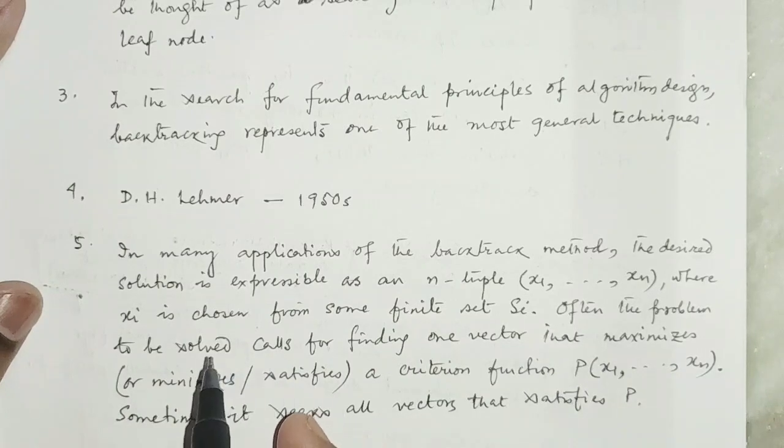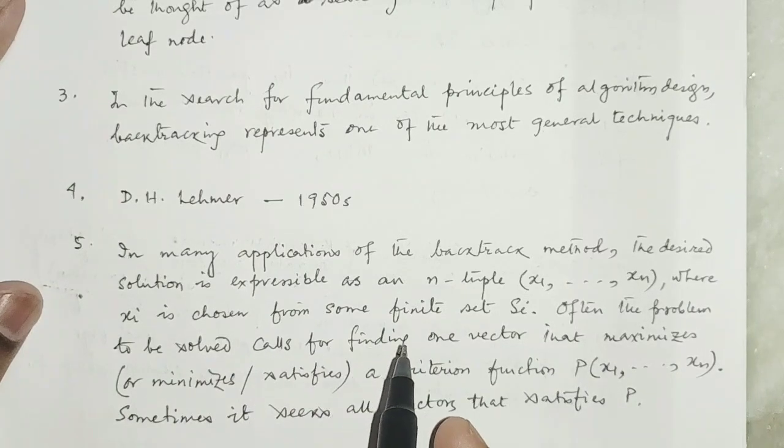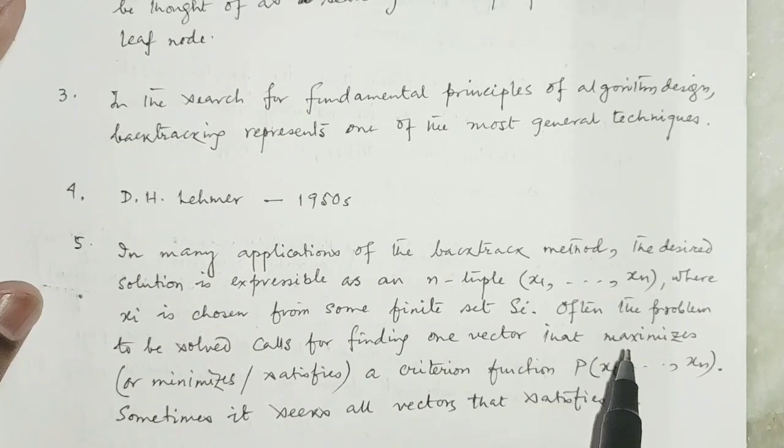Often the problem to be solved calls for finding one vector that maximizes or minimizes or in general satisfies a criterion function P(x1, x2, dot, dot, xn). So there should be a criterion function, because I told you that in case of backtracking, you should satisfy certain given criteria, without which you cannot go for developing the solution.